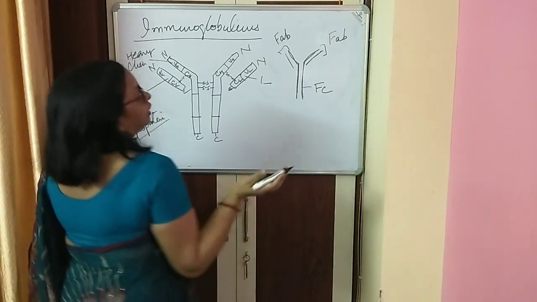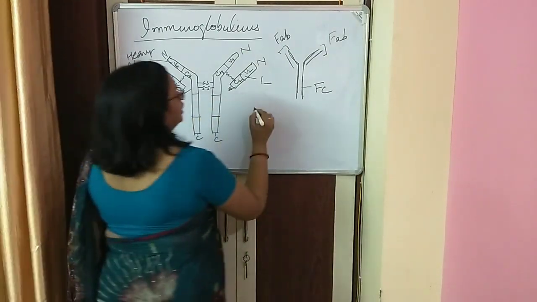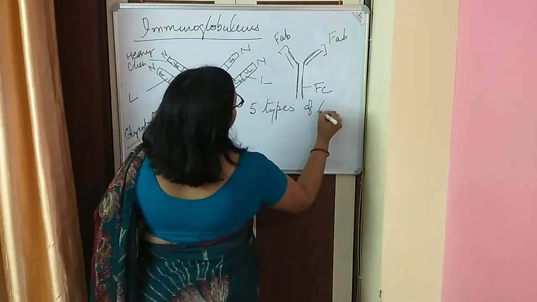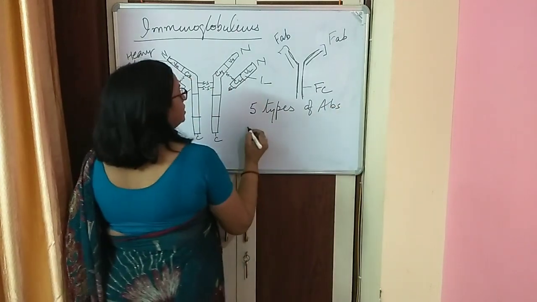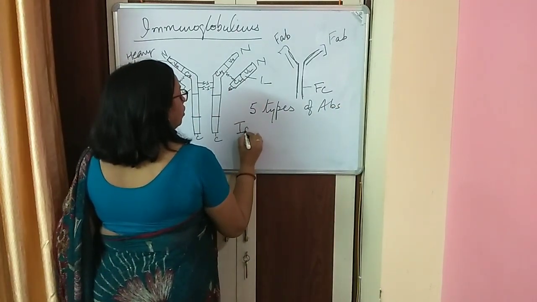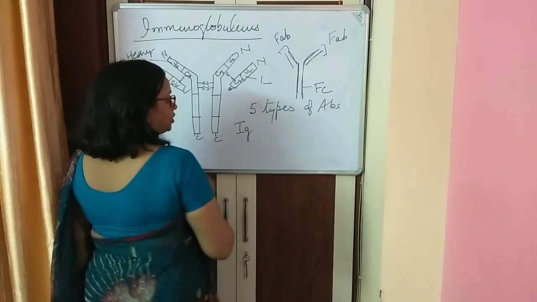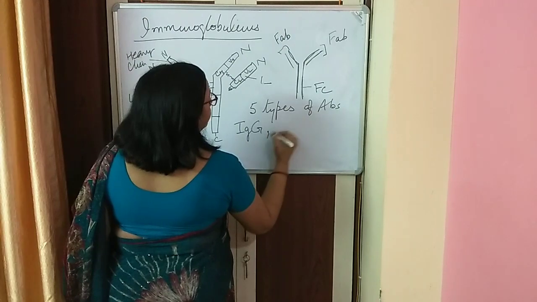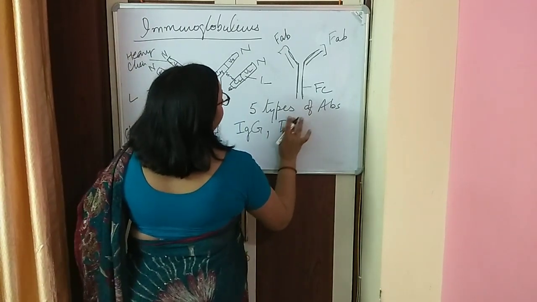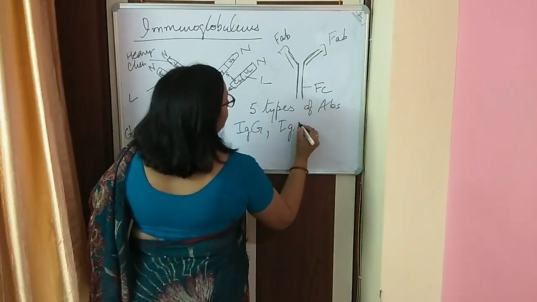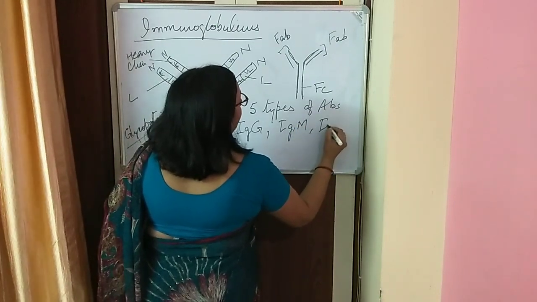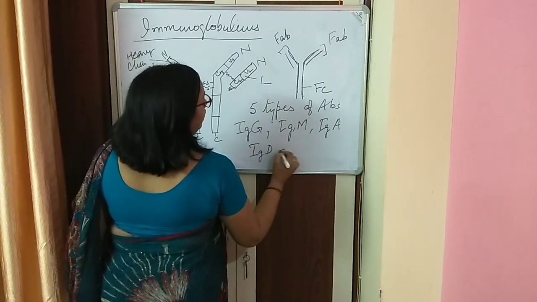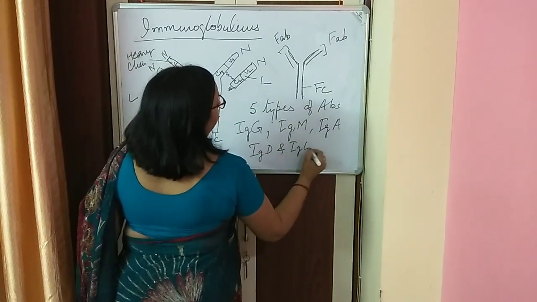So you all know there are 5 types of antibodies or immunoglobulins. In short we write Ig: immunoglobulin G, IgM, IgA, IgD and IgE.